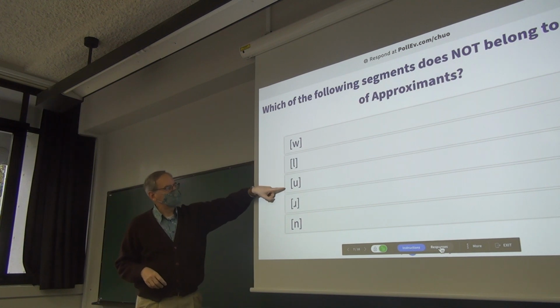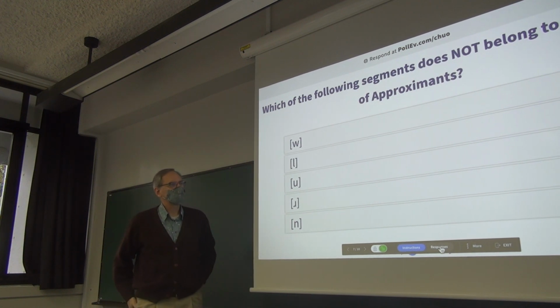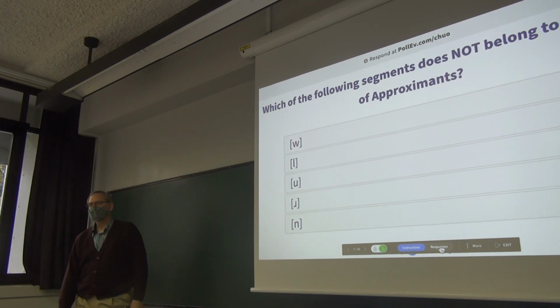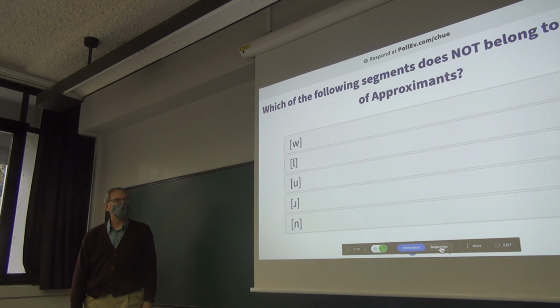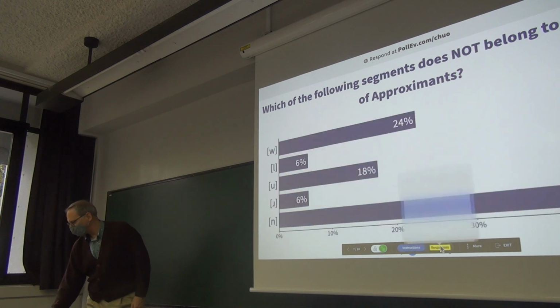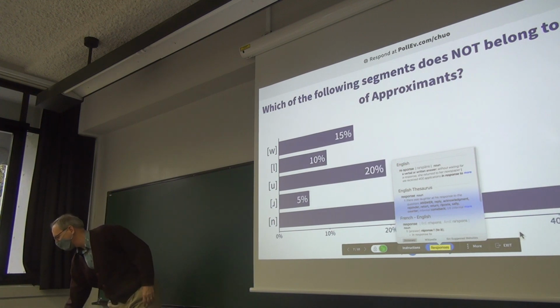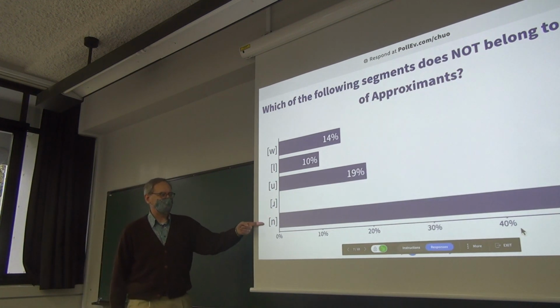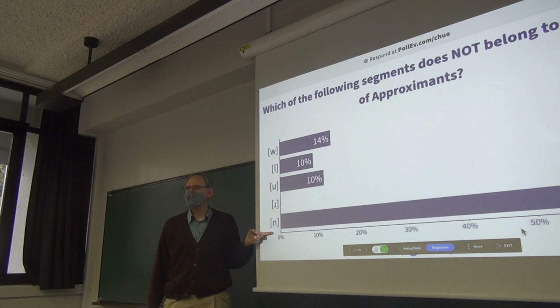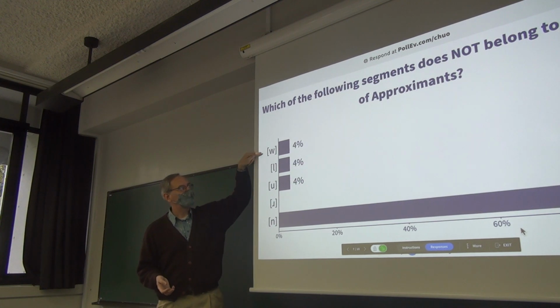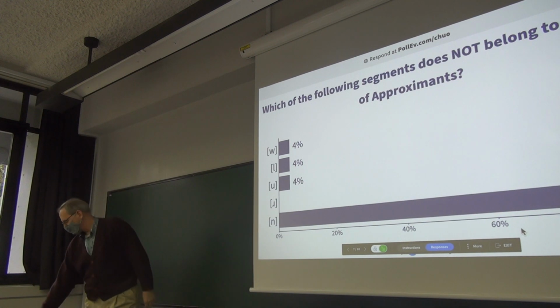W, L, U, R, N. The correct answer is nasal, right? Because it's not near the top of the mouth, it's touching and stopping airflow through the mouth. All of these are approximants. W, L, U, and R. Okay.